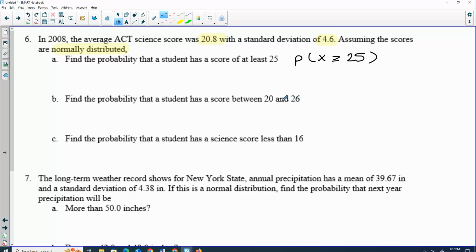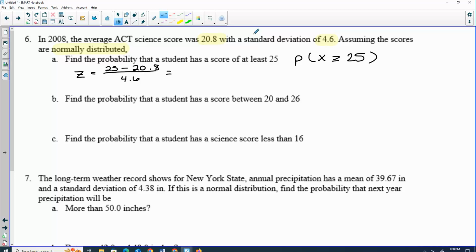So we have to do what? We always need the Z. So remember how to find your Z. If you forget it, it's on your formula sheet back under chapter 3. So Z is X, which is our value, minus the mean, which was 20.8, divided by the standard deviation, 4.6.